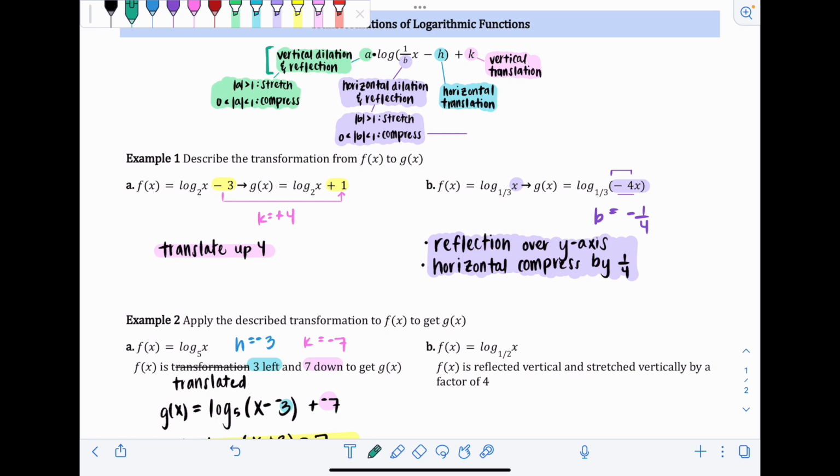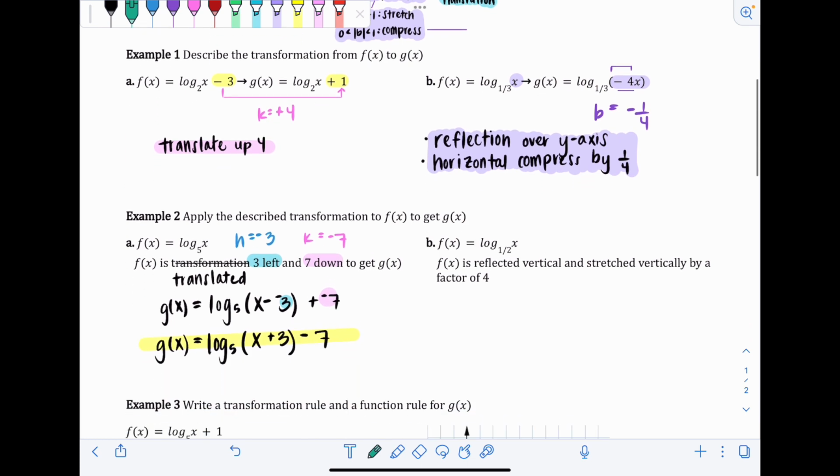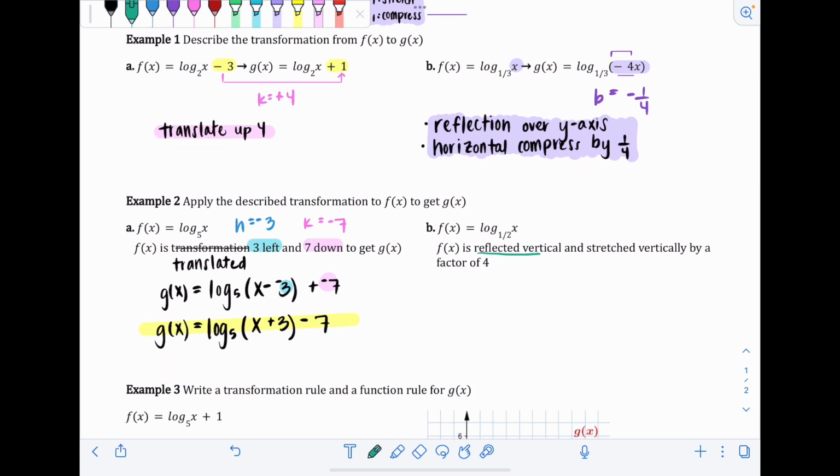Those are both A. So if we have a reflection and a stretch by a factor of 4, all that together means A equals -4. So negative for the reflection and then 4 for the stretch by a factor of 4.